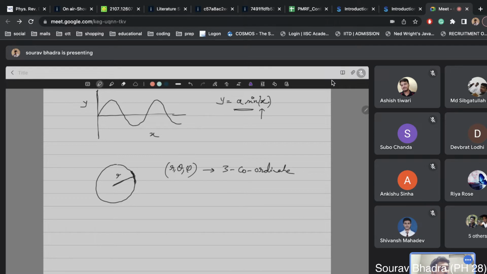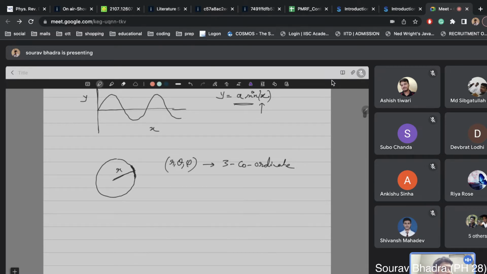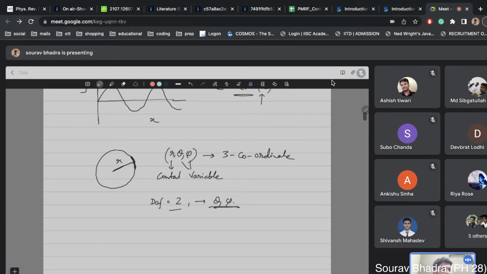That's why r, whatever its value, is constant. But theta and phi are variables on the surface. So the degrees of freedom for a particle moving on the surface of a sphere is 2, that is theta and phi. These two can vary, but the value of r is fixed for the surface. Okay.